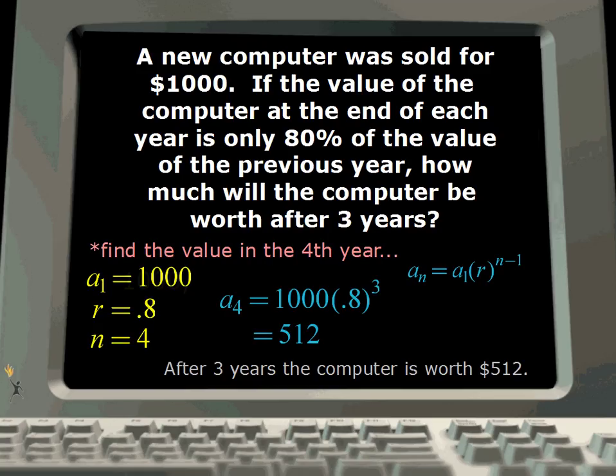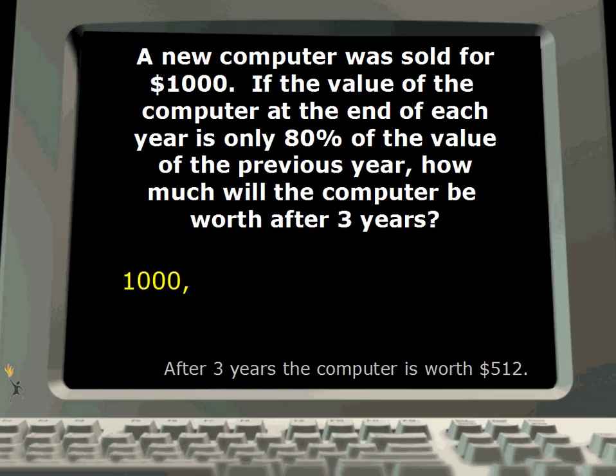Now let me show you a little more why I chose 4 for n. If I were to write out the actual terms of this sequence, we start with a value of $1,000. After 1 year, if I multiply 1,000 by 0.8 for 80%, I have a value of $800. After 2 years, I have to multiply the 800 by 80% again.